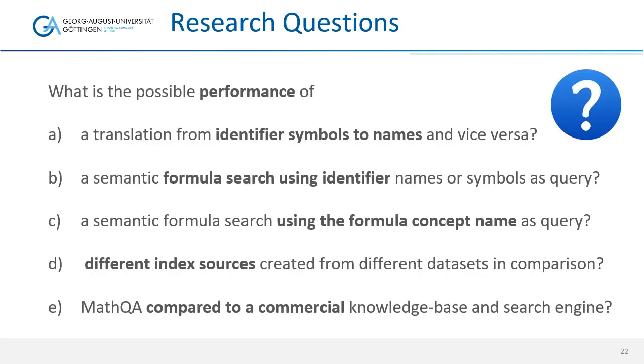Our experiments are driven by the following research questions. What is the possible performance of A, a translation from identifier symbols to names and vice versa, B, a semantic formula search using identifier names or symbols as query, C, a semantic formula search using the formula concept name as query, D, different index sources created from different datasets in comparison, and E, MathQA compared to a commercial knowledge base and search engine.